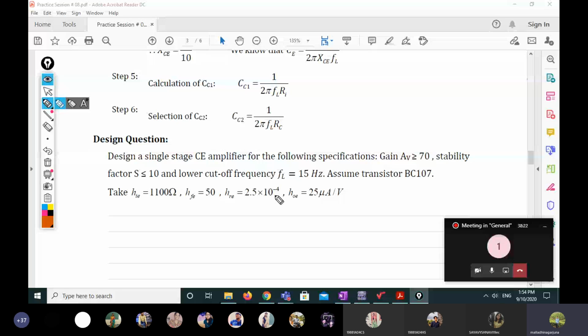And the second parameter is the range of frequencies. For every human being, when you are speaking, your voice has some frequency. So when you are designing an amplifier, you should take care of two things. One is gain and the second one is the bandwidth.